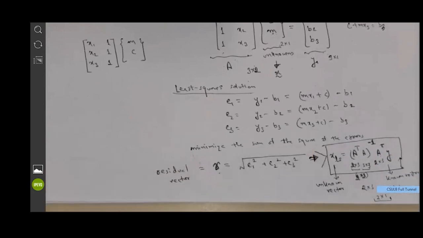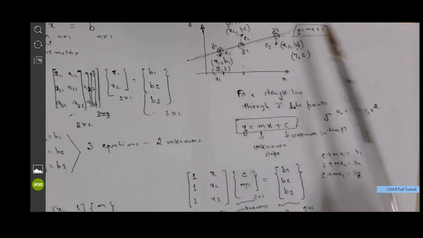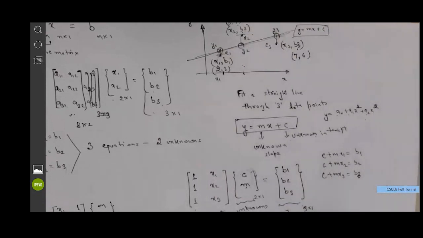There is no exact unique solution because you cannot fit a straight line which goes through all 3 data points lying in space arbitrarily. So it's just the best method to minimize the error.